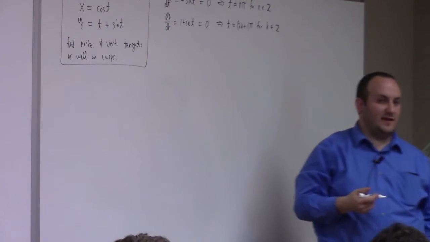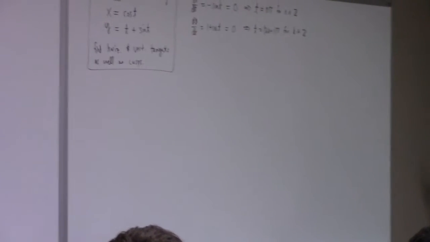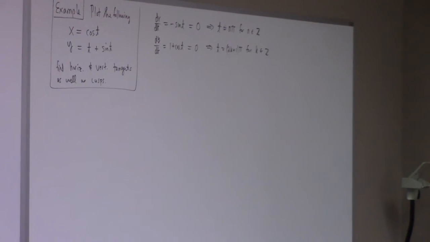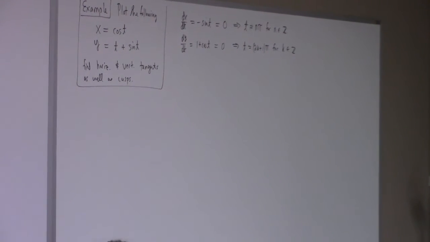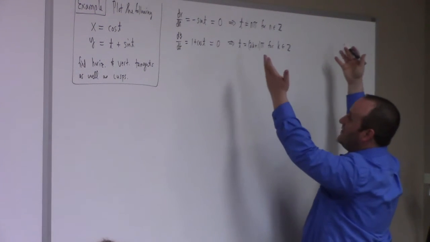And the thing that's right in front of us is that they have common zeros. Any odd integer multiple of pi has both dx/dt equal to 0 and dy/dt equal to 0. Obvious, right here in front of us.